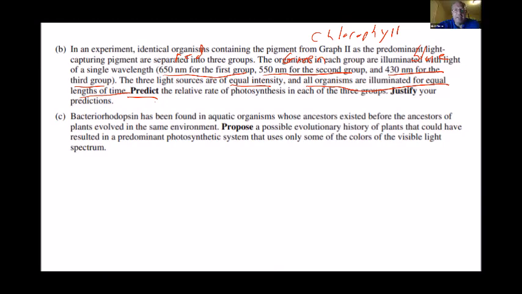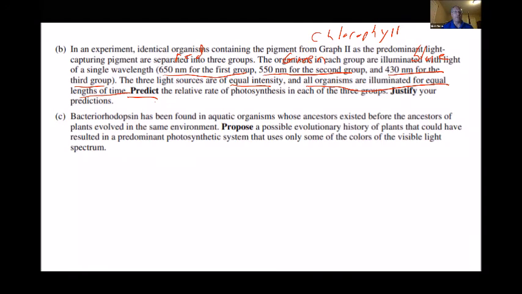And you should say something like this. I predict that the plants exposed to 430 nanometer light will do photosynthesis the fastest because chlorophyll A is best at absorbing light of that wavelength. And therefore plants exposed to that light have more energy to do more photosynthesis.